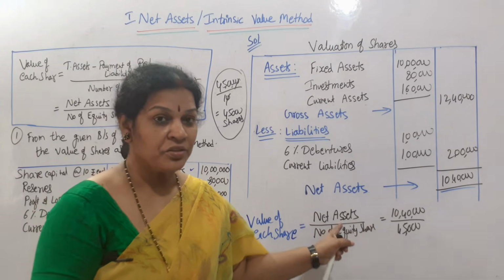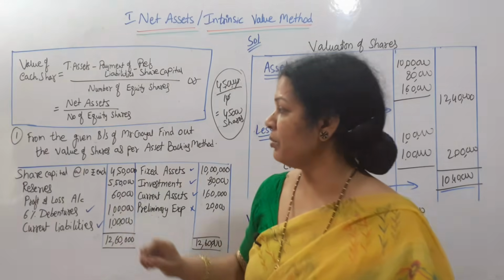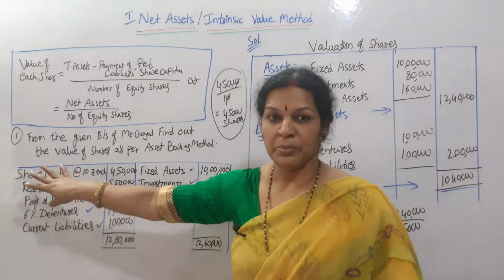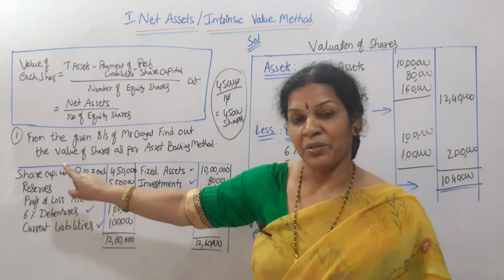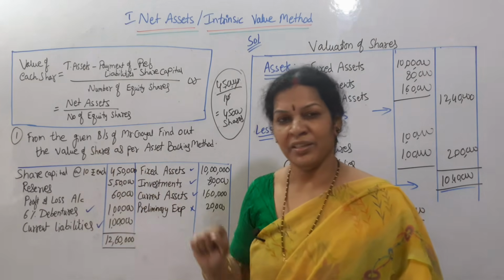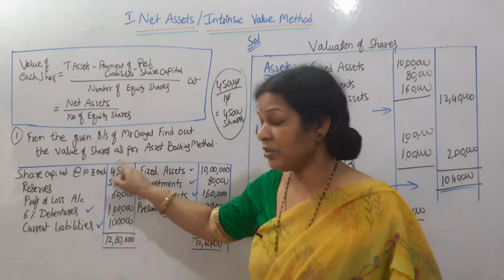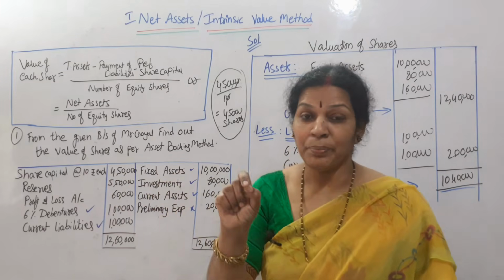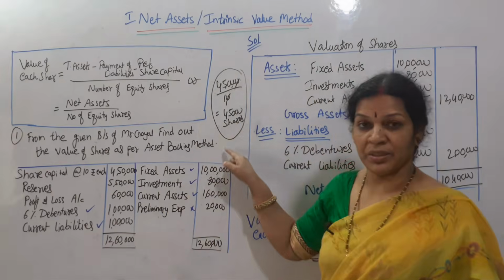Once you get the net assets, write the formula. Before that, you have to calculate how many shares are there. How have we come to know how many shares are there? Always remember, equity shares will be given to you, with per share value, and total amount divided by per share value, so that you will come to know the total number of shares. We have done the same thing.